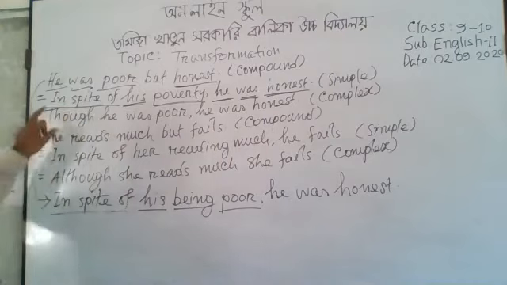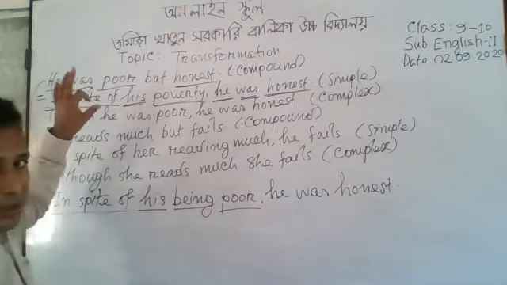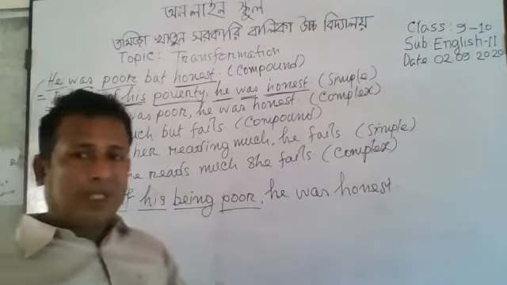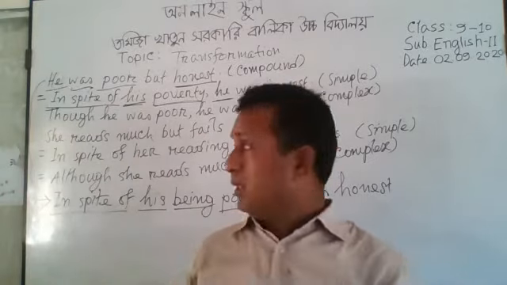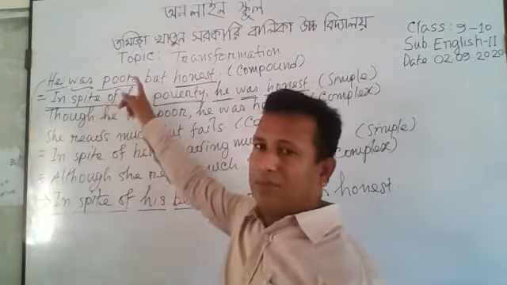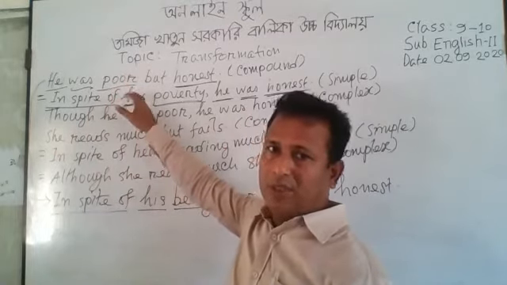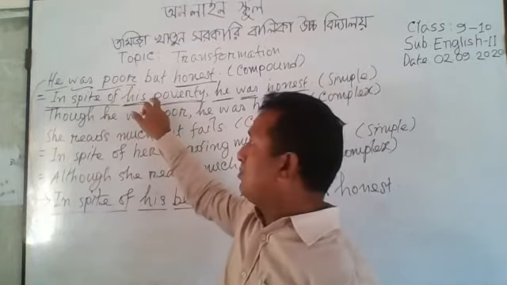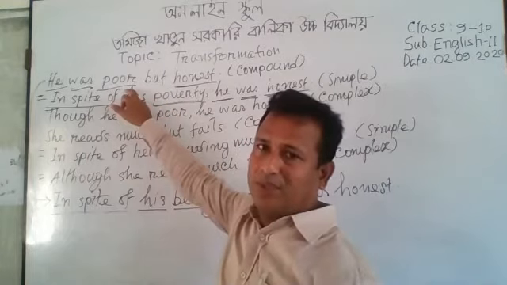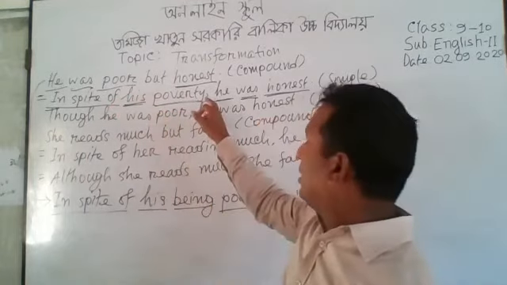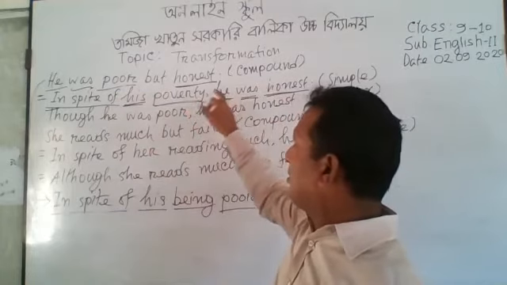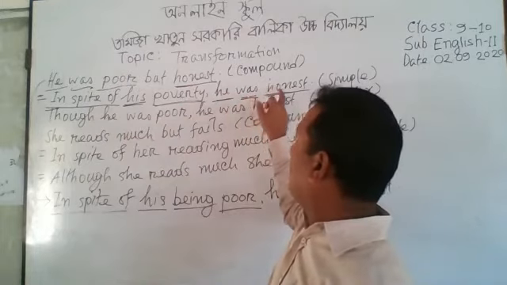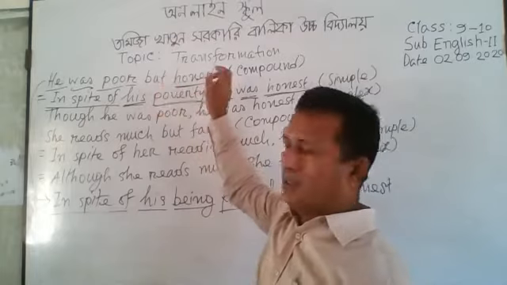Of the two ways to change it into simple, you can follow any one of the two ways. You can use in spite of plus possessive, in spite of his poverty. If you make a noun from the adjective, then a comma, the pronoun of the subject, the verb, and the part after but.